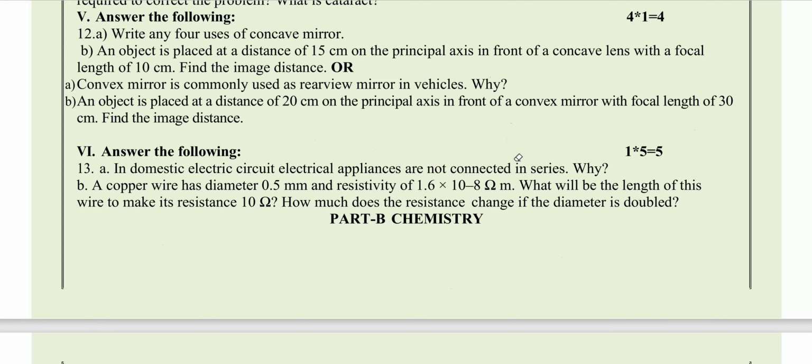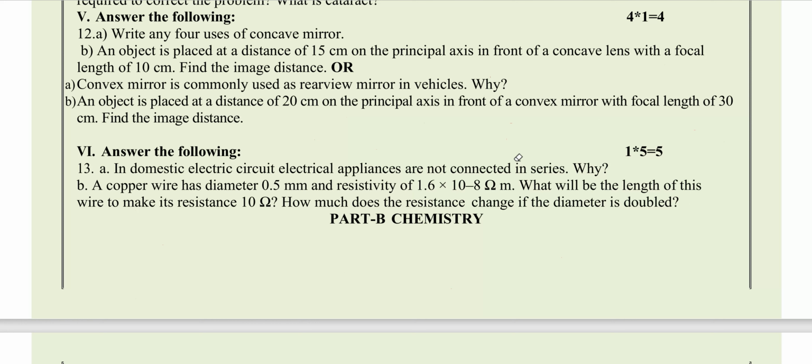They will ask you if the resistors are connected in series, or they may ask a question like this: if you want more resistance, then how should you connect the resistors in a circuit? If you want more resistance, how do you want to connect the resistors in a circuit?